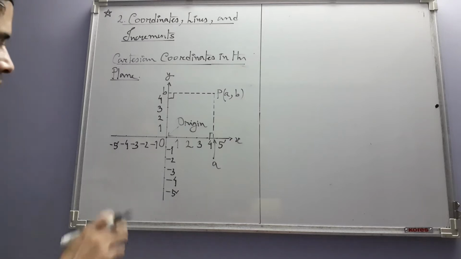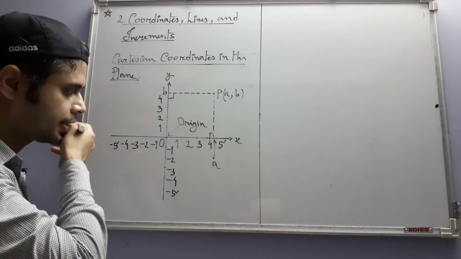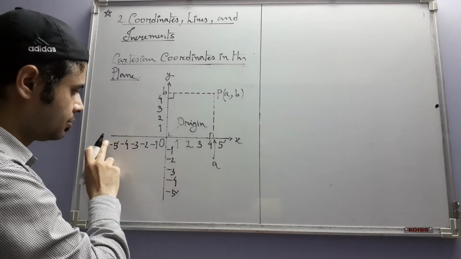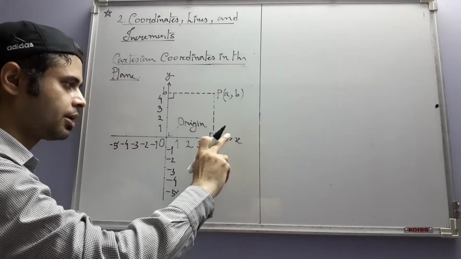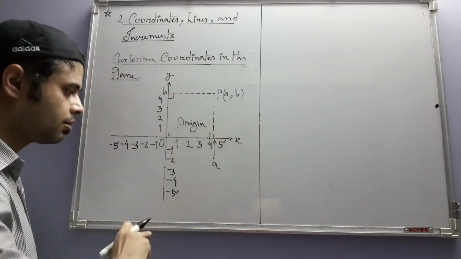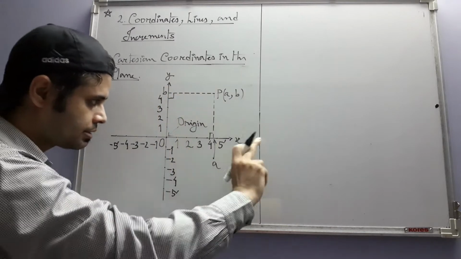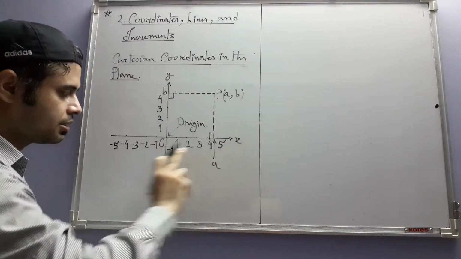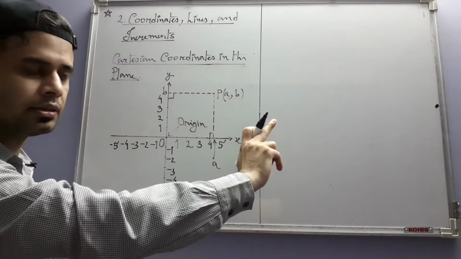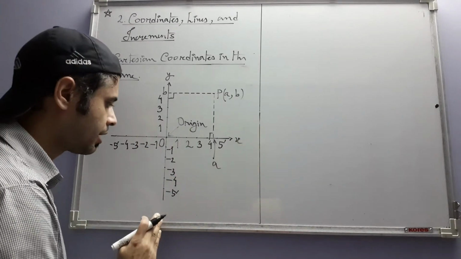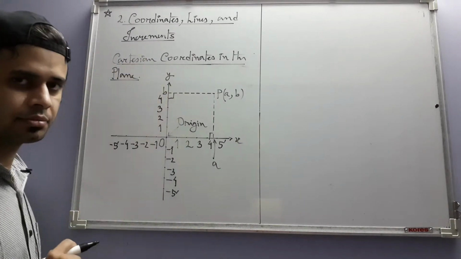And the lines have been taken in such a way that the horizontal one is known as the x-axis, the vertical real line is known as the y-axis. On the x-axis, numbers increase to the right, and on the y-axis, numbers increase upward.